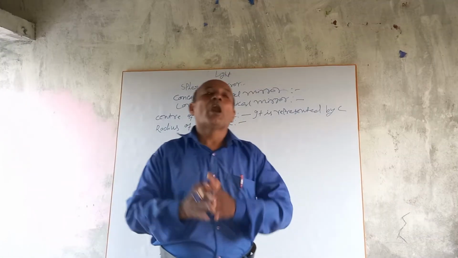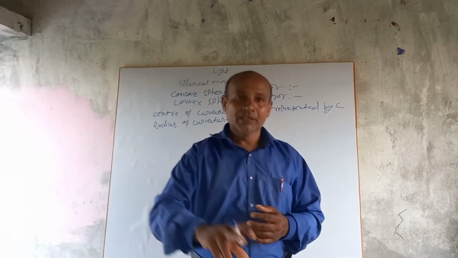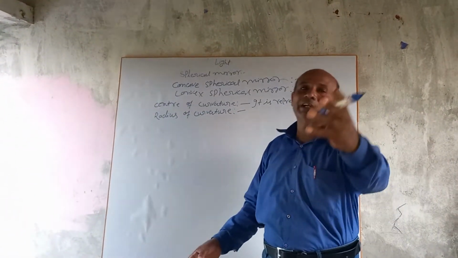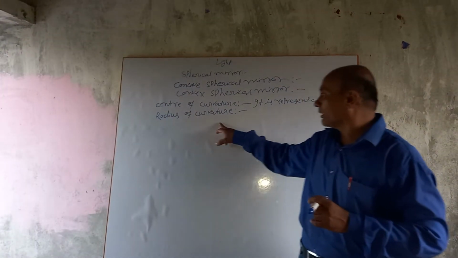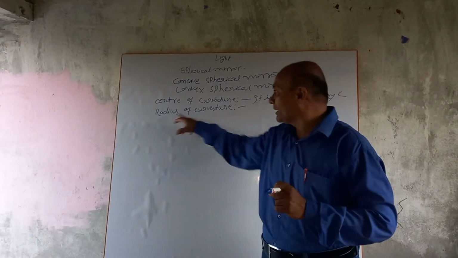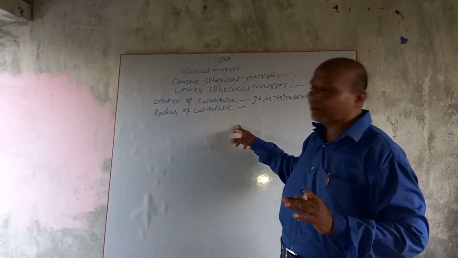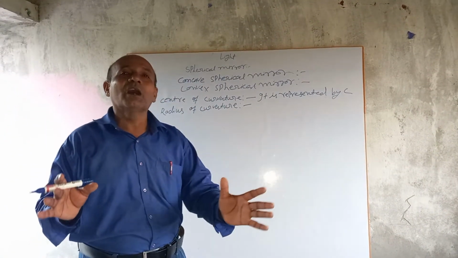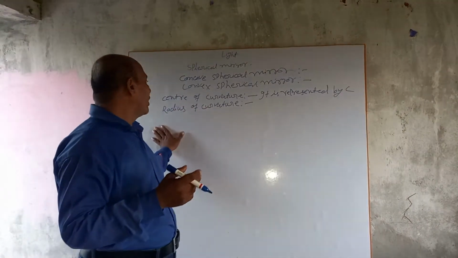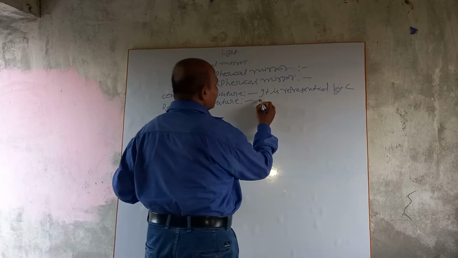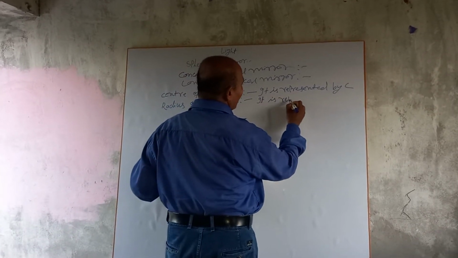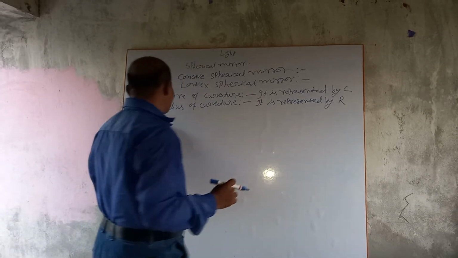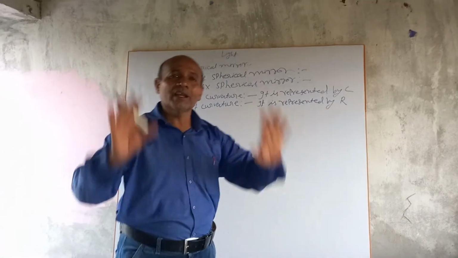The radius of the hollow sphere of glass of which the mirror is a part is called radius of curvature. It is represented by capital R.